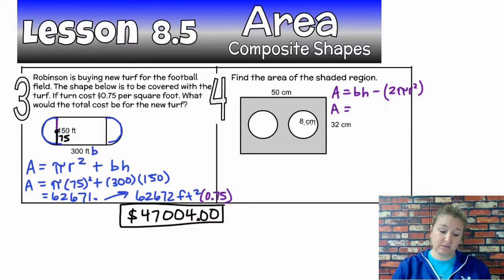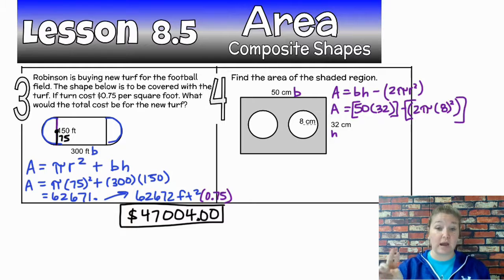So the base and the height. So I'm going to have 50 times 32. So that's going to be my first piece. Then I'm going to subtract 2 times pi, and the radius here is 8 squared. So this is my second piece, and I'll subtract the 2, and it's going to be a decimal approximation.